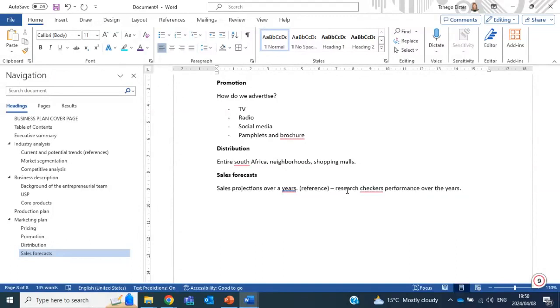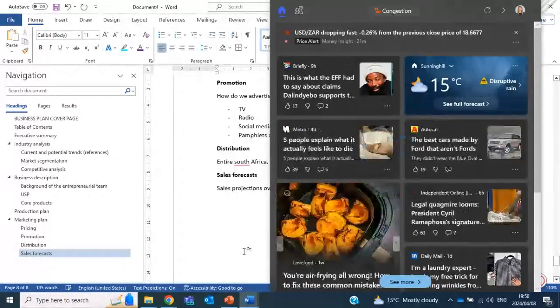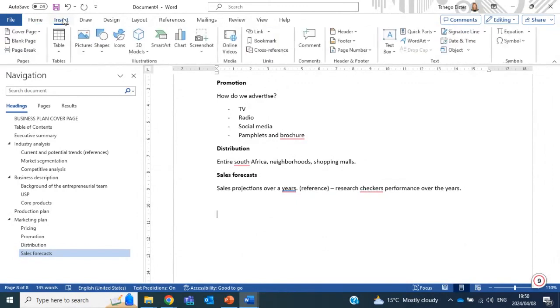If you find that there's been decreases, like I remember, for instance, Clicks is a company that has been doing very well. A few months ago, I was listening to an interview where somebody that works at Clicks, the CEO, maybe the CFO or something, was being interviewed, and she mentioned the fact that Clicks has been growing so much, and even with the presence of Dis-Chem in the industry, Clicks has been really doing well.